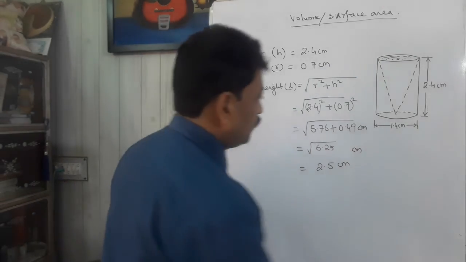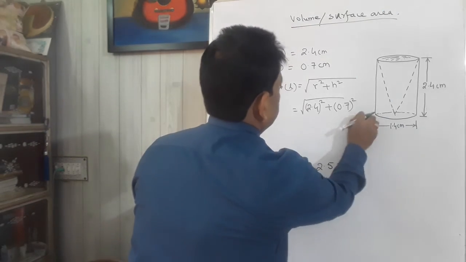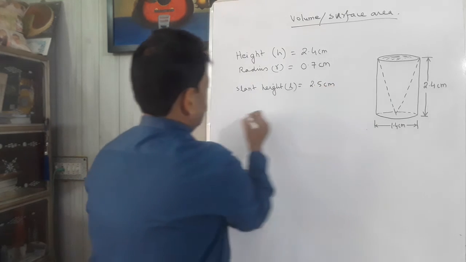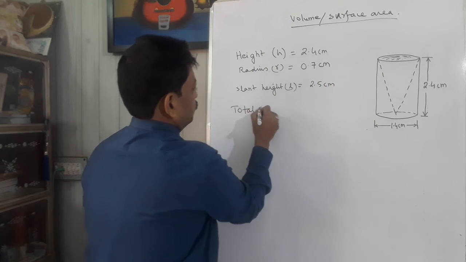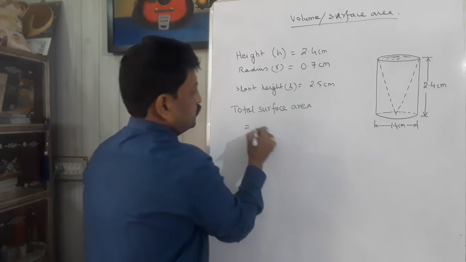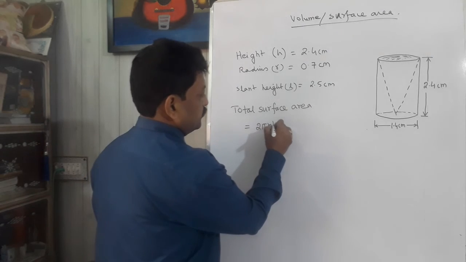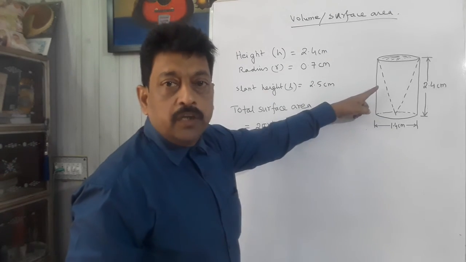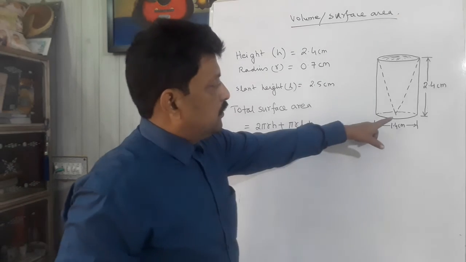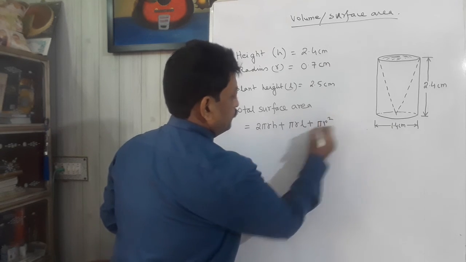Okay. Now we have to find the total surface area of the remaining solid. So total surface area equals the curved surface of the cylinder, that is 2 pi r h, the curved surface of the cone, pi r L, and the surface area of the base, which is a circle, so pi r square.